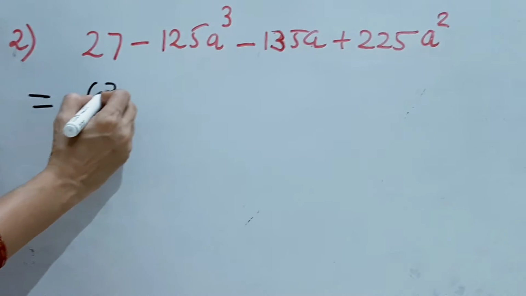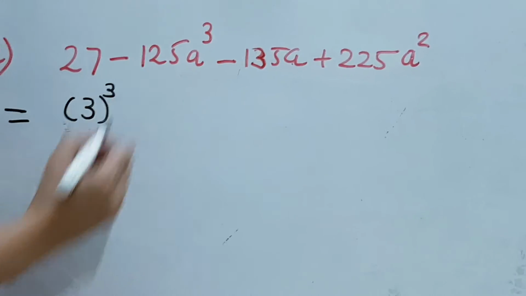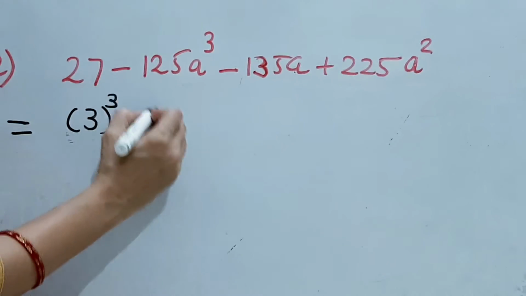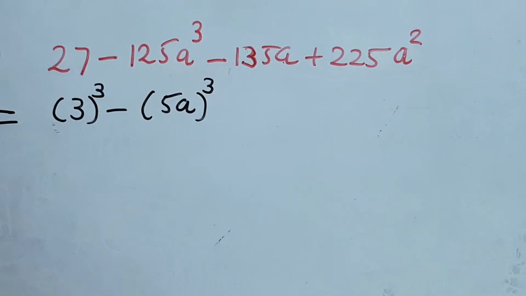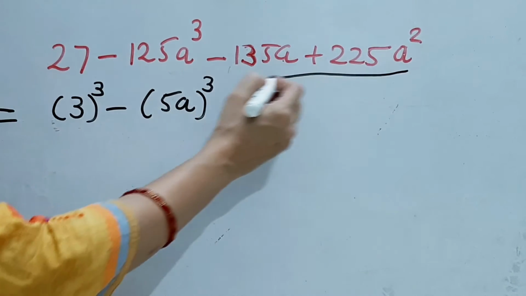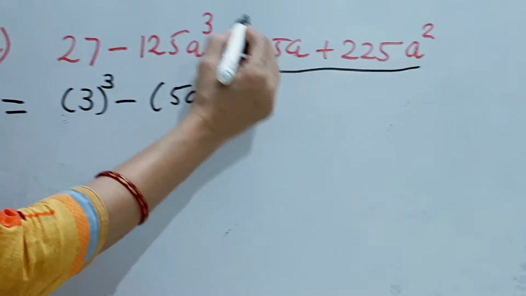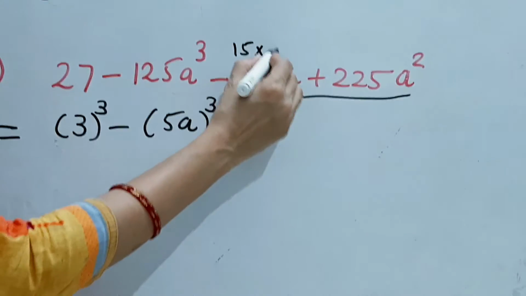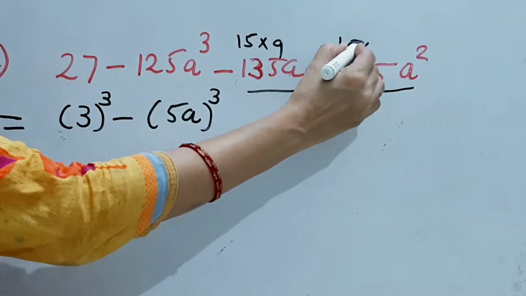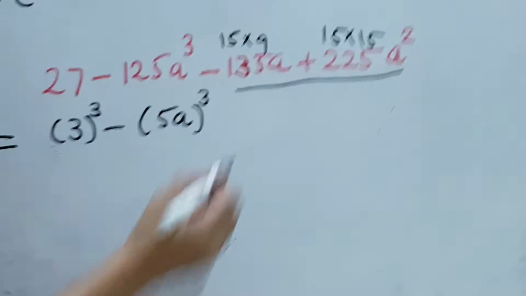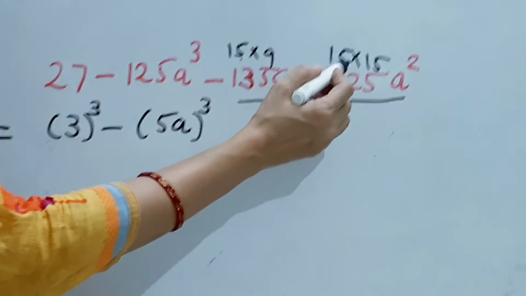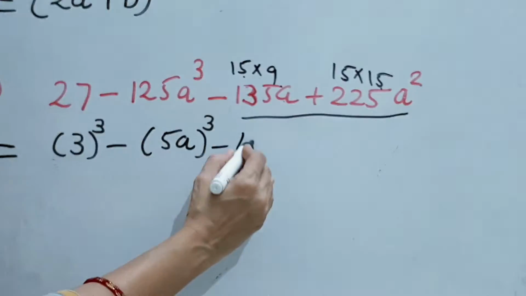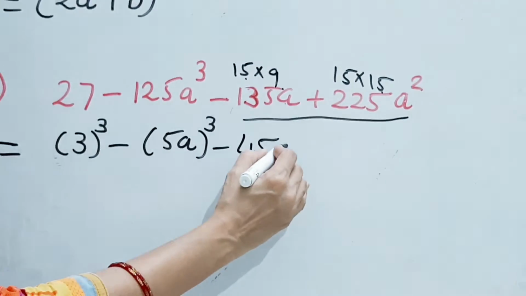27, that is 3 cube. 125, that means (5a) cube. Now what is common in these two? Listen, here you can write factors: 15 times 9 and 15 times 25, 5 times 5. So what is common in these two? 15 times 3 is 45, so 45 should be common and a.